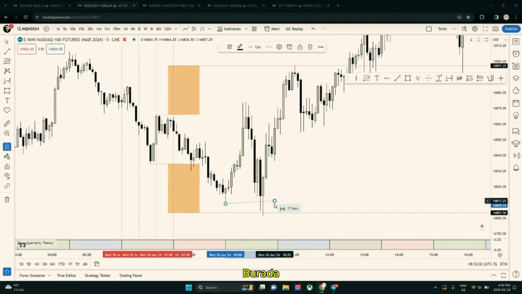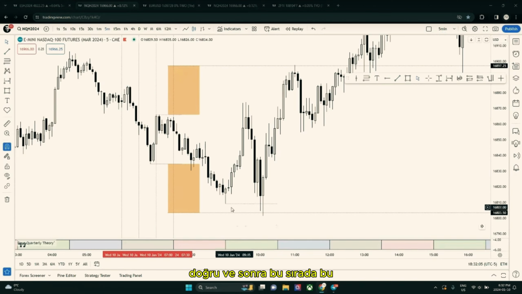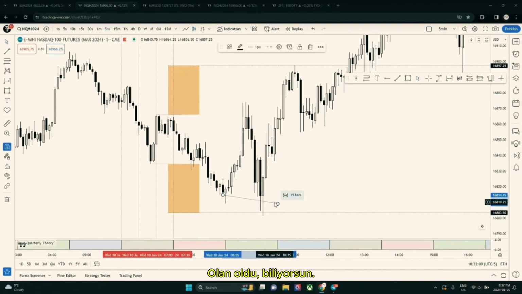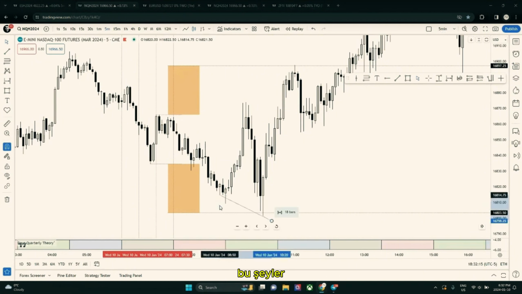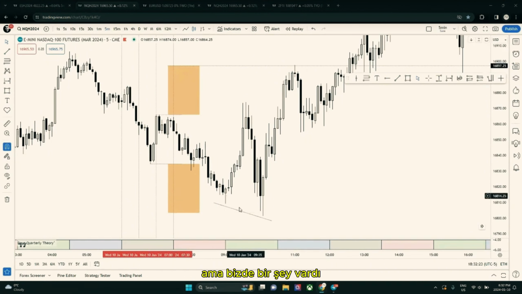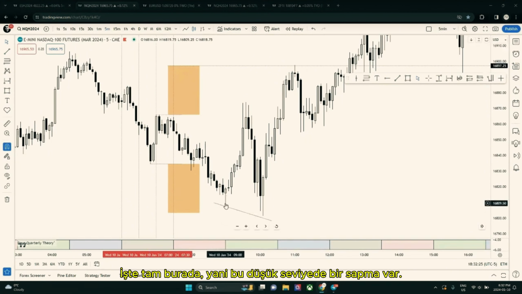And then while this happened, it's actually crazy. Don't know why I'm talking about this stuff, but we had SMT divergence right here. So this low was purposely left.